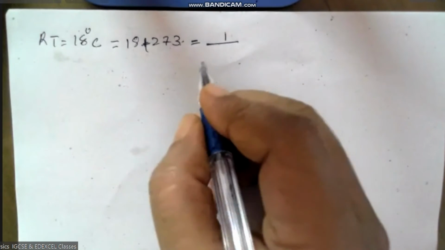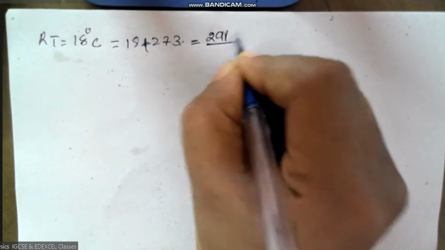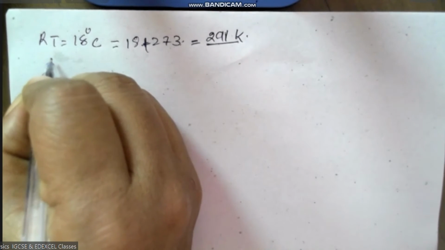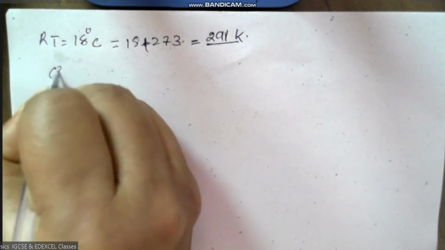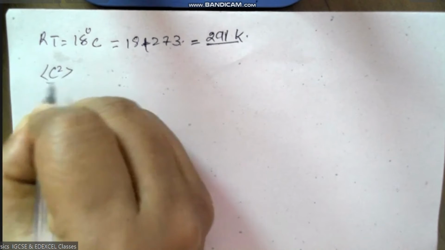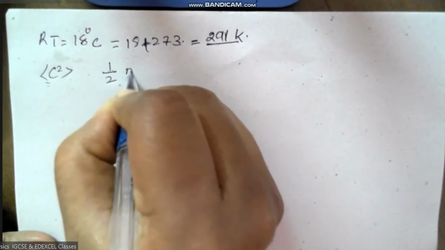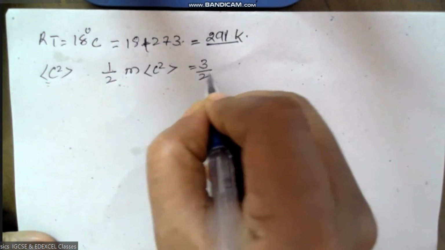18 plus 273. So 273 plus 18 is 291. So 291 Kelvin.